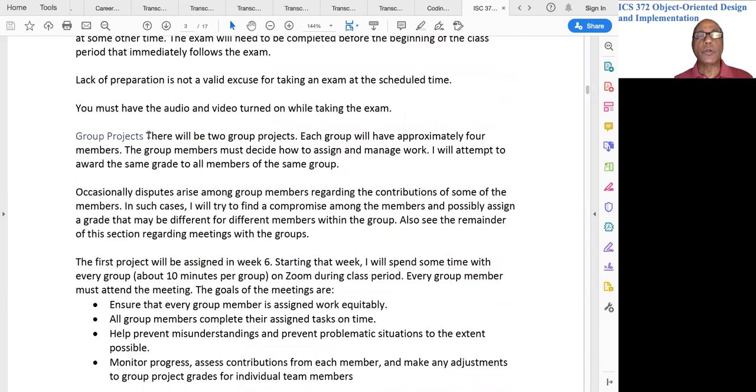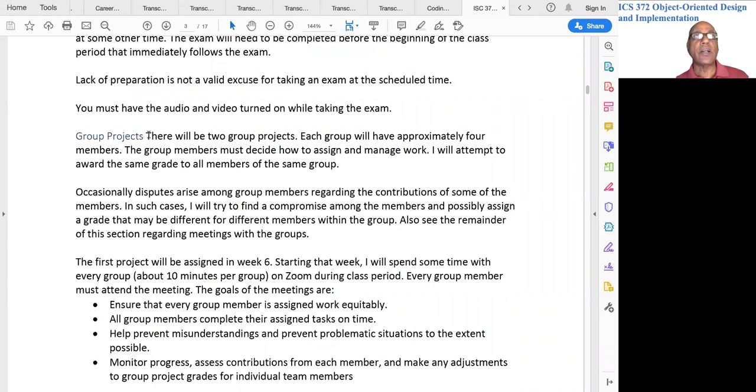There are 2 group projects, and each group will probably have 4 members in it. And in the past, there have been lots of issues within groups from time to time. Some people find that others aren't contributing enough, etc. So this semester, I'm introducing a new idea.